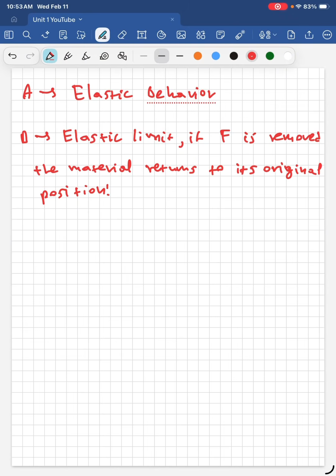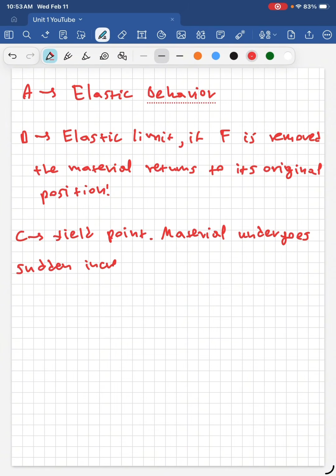Now C is called the yield point. The material undergoes a sudden increase in extension.